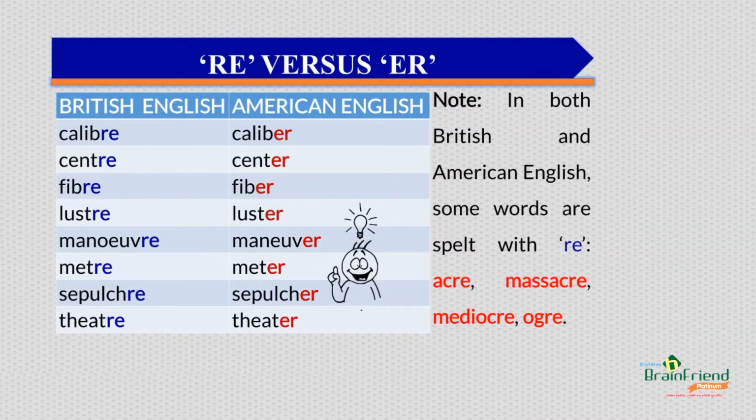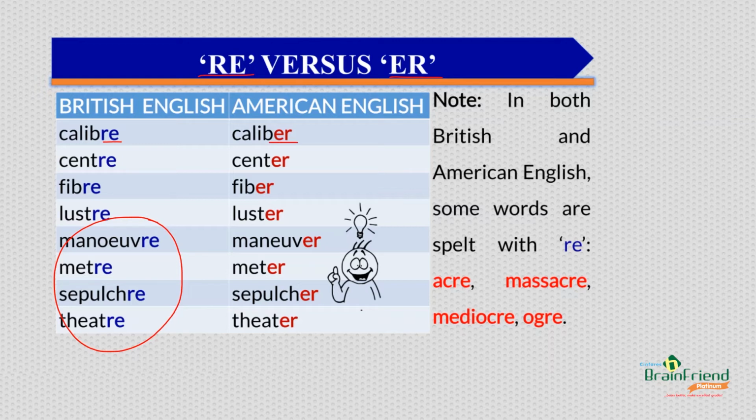Having known all these, let's go on to see the different spelling variations between American and British English. We have the RE versus the ER. British English spells words like calibre, centre, fibre, lustre, and other words you can see here ending with RE, while American English spells these words ending with ER.